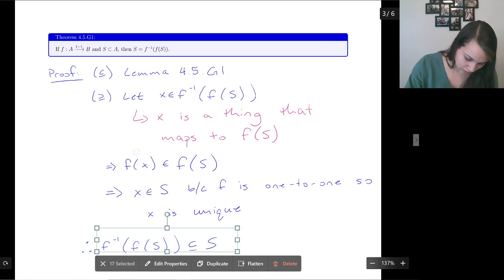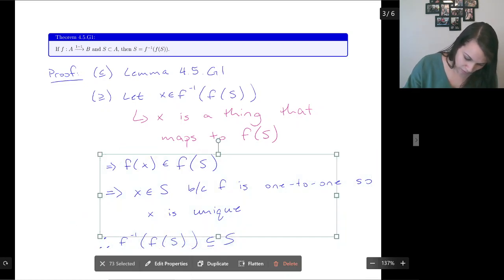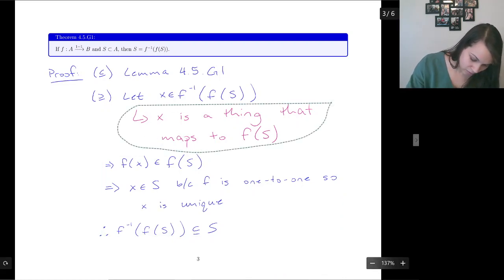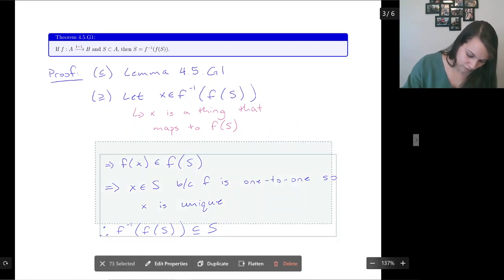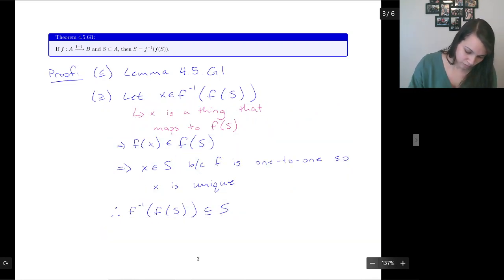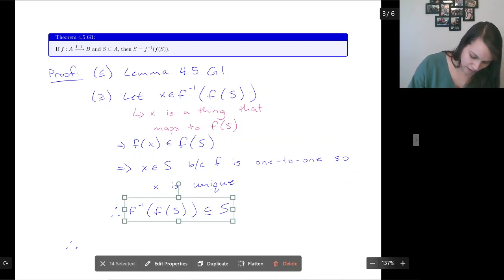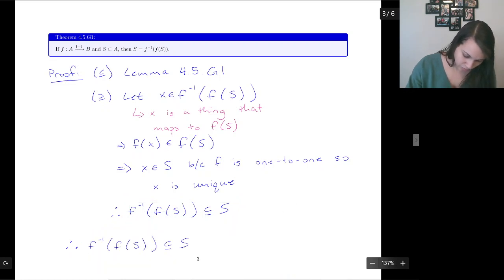Yeah, let's clean this up a little bit. Okay. So then you put it all together and you get that these guys are equal. Okay.